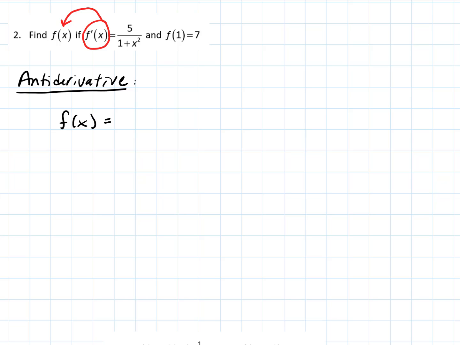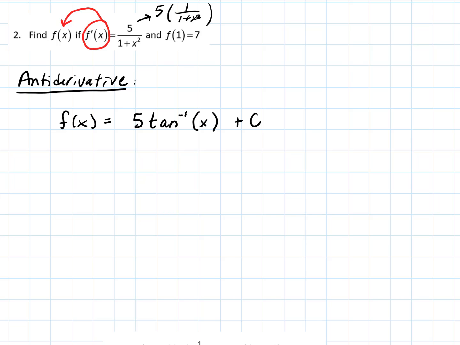We have to think about what function has a derivative of 5 over 1 plus x squared, and that is the inverse tangent of x. Let's write it this way: 5 times 1 over 1 plus x squared. The derivative of inverse tangent of x is 1 over 1 plus x squared. So if it helps to pull that constant out so that you can see it there, we could. Now, of course, we have a constant, so plus c.